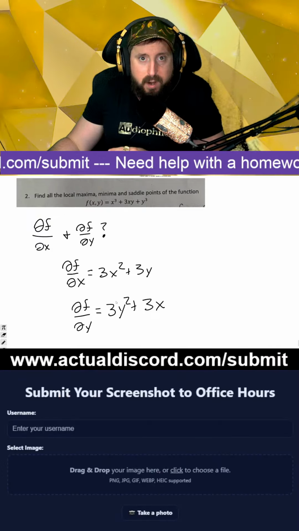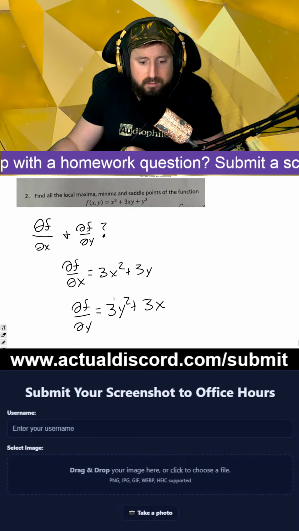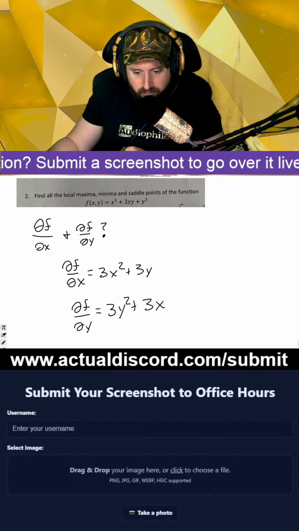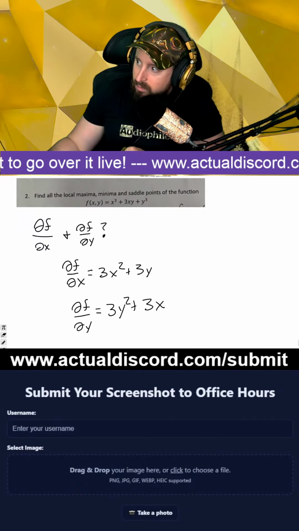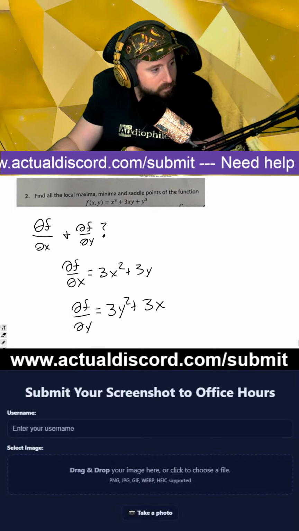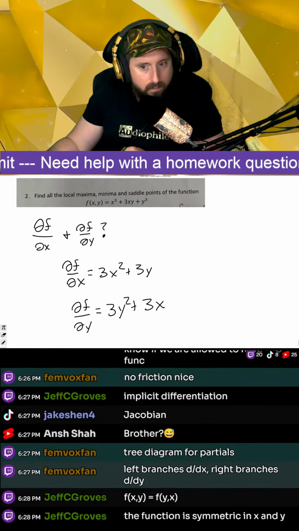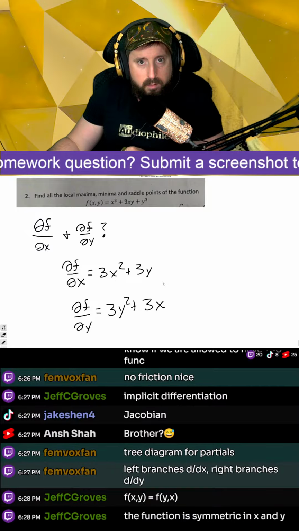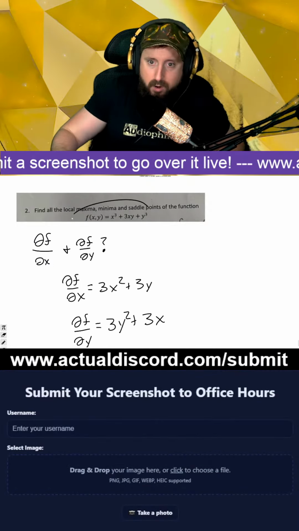Left branch is ddx, right branch is ddy, f of xy equals f of yx. Trying to think what that means. Oh, you're saying the function is symmetric. Oh, I agree with that. Yeah. Okay, it's a symmetric function.